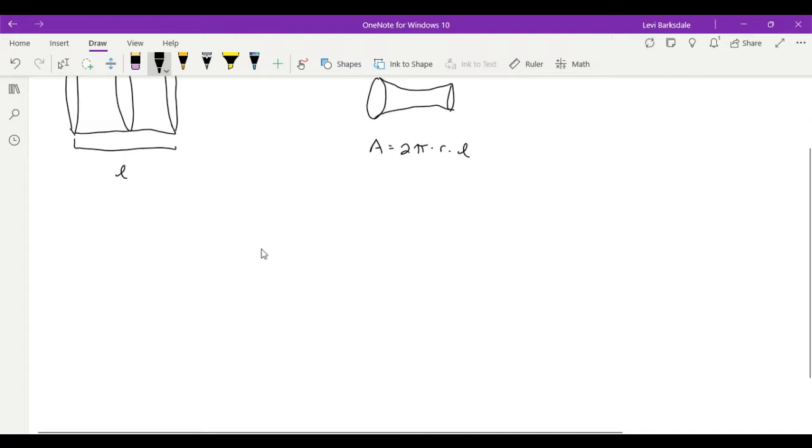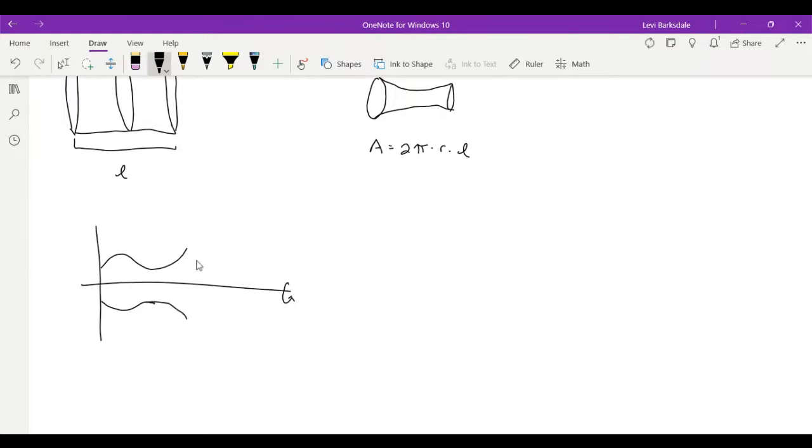So when we have some kind of curve, let's say like this, and we rotate it about the x-axis, suddenly we end up with one of these weird looking shapes, and we're interested in finding the surface area. As it turns out, the surface area is still exactly equal to 2 pi times the radius times the length.